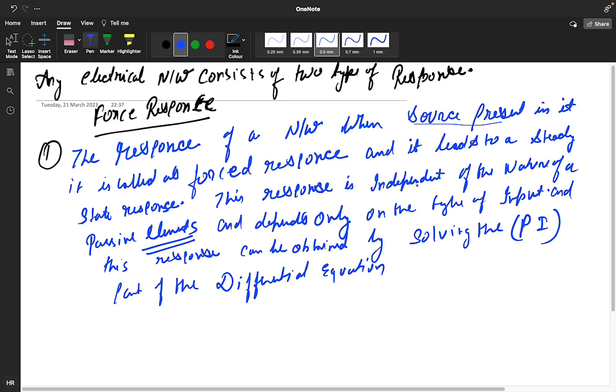So this response is independent of the nature of passive elements, and depends only on the type of input, meaning what you are providing, voltage or current. And the response can be obtained by solving the particular integral. You will understand it better while deriving the equations. So this is about the forced response.